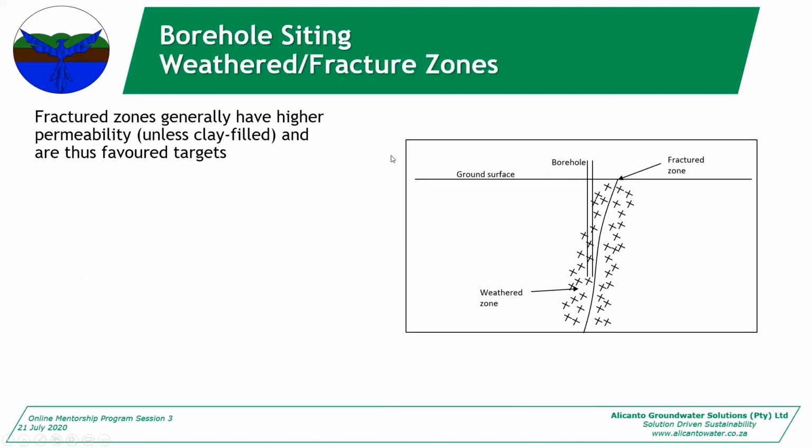Your weathered and fractured zones generally have a higher permeability unless they're clay filled, and they are a favored target. You have to look at this in areas where you've got cross orientation of your structures and your faults. If you've got two sets of faults, like one going north-south and one going east-west, you need to figure out which one was there first.